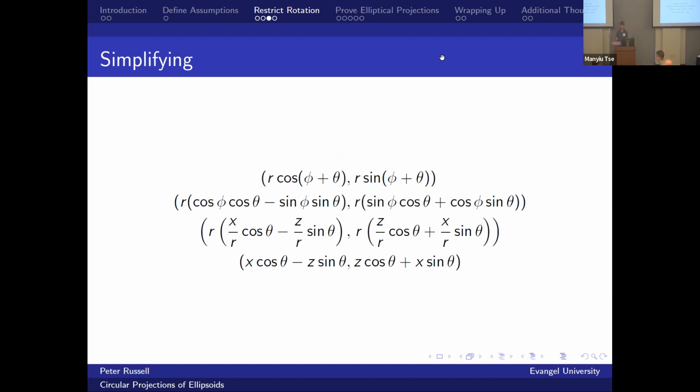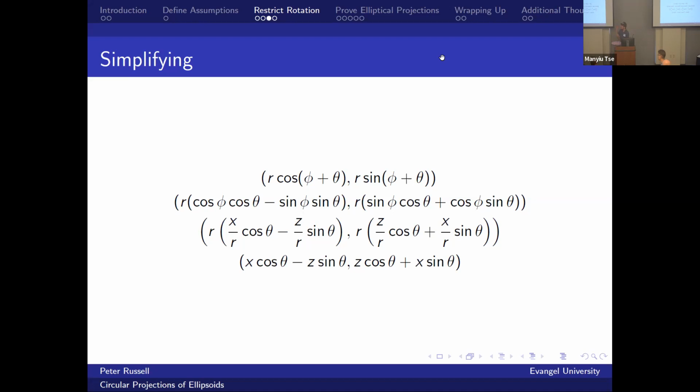We can use what the cosine of phi and the sine of phi are equal to and substitute those in. And we're left with this third row here: r times x over r times the cosine of theta minus z over r times the sine of theta, comma r times z over r times the cosine of theta plus x over r times the sine of theta.